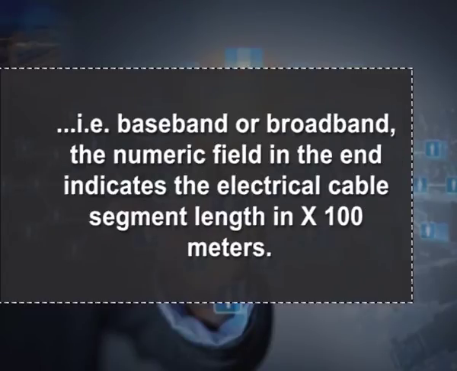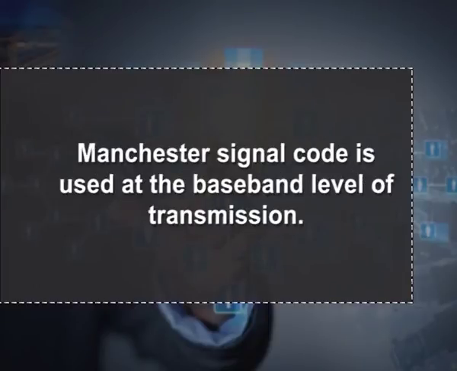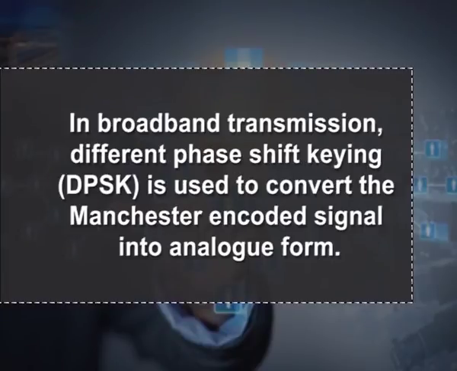The numeric field in the end indicates the electrical cable segment length in multiples of 100 meters. Manchester signal code is used at the baseband level of transmission. In broadband transmission, differential phase shift keying is used to convert the Manchester encoded signal into analog form.